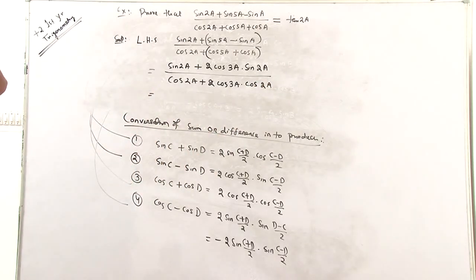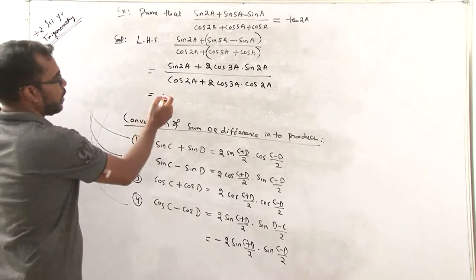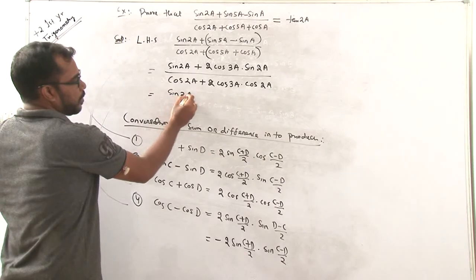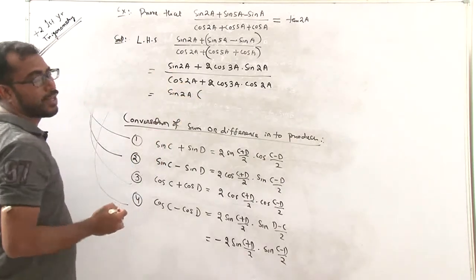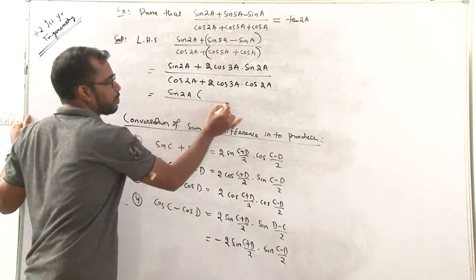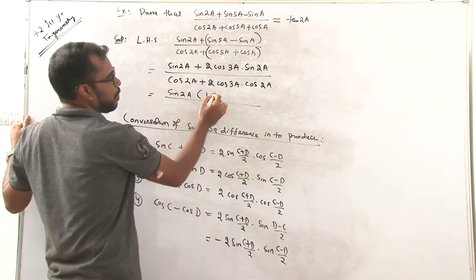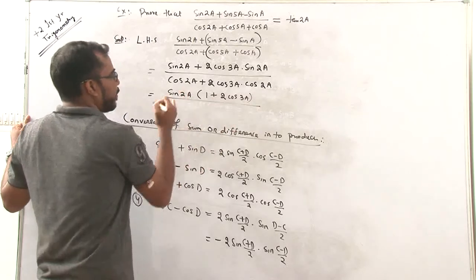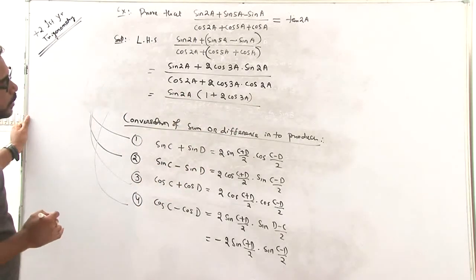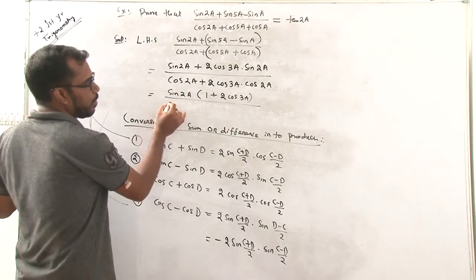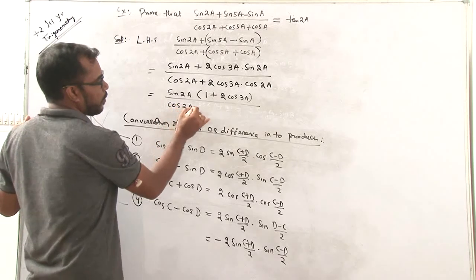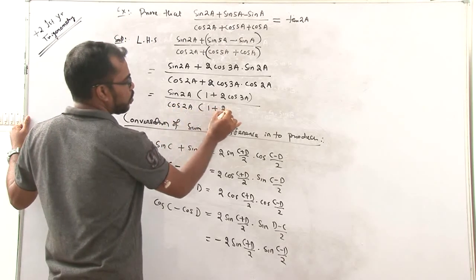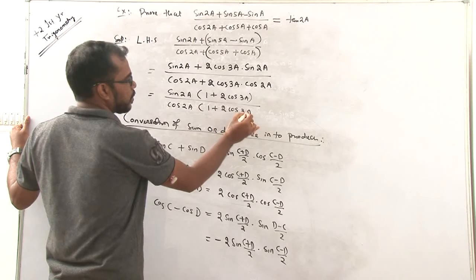Now you can see we take a common factor, sin 2a, in the numerator. Then we get sin 2a times (1 plus 2 cos 3a). In the denominator, we take common cos 2a, and we get cos 2a times (1 plus 2 cos 3a).